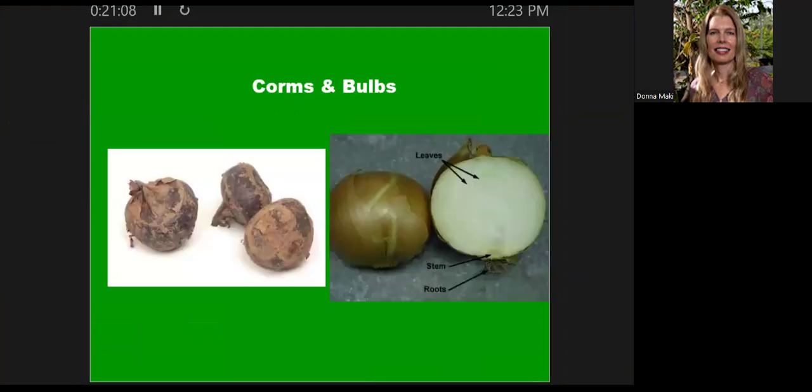Like an onion bulb, what you tend to see if you cut into one is a really modified short stem. And then all of what you're eating pretty much is leaf tissue when you eat an onion, and then the roots. You can usually see them when you buy an onion.